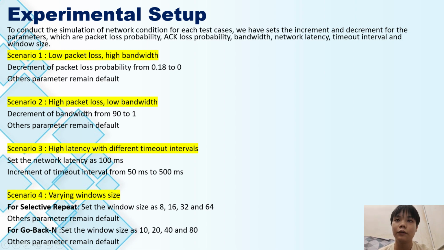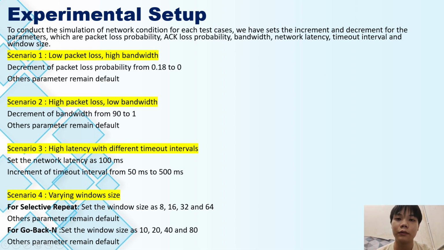For scenario 2, which is high packet loss, low bandwidth, we set the decrement of bandwidth from 90 to 1. The other parameters remain default. For scenario 3, which is high latency with different timeout intervals, we set the network latency as 100 ms and the increment of timeout interval from 50 ms to 500 ms. For window size, we have two different sets of values.